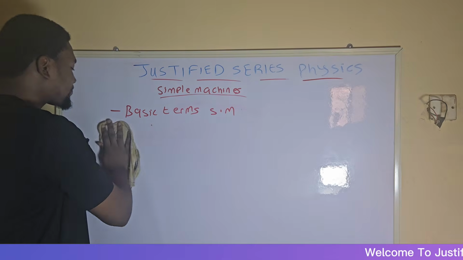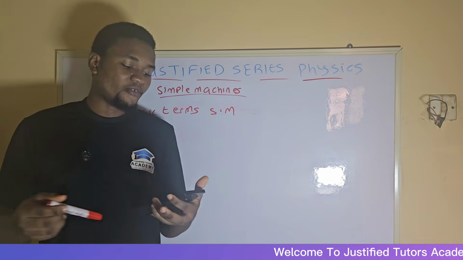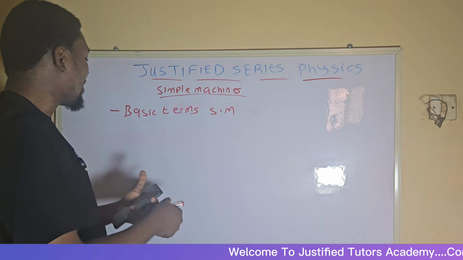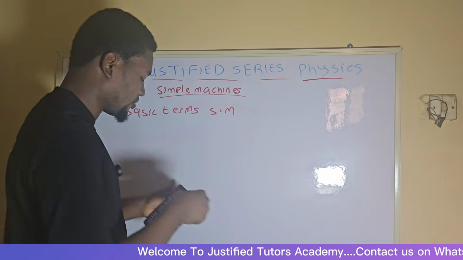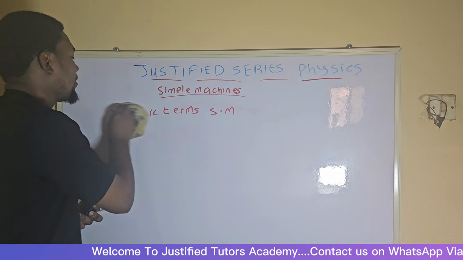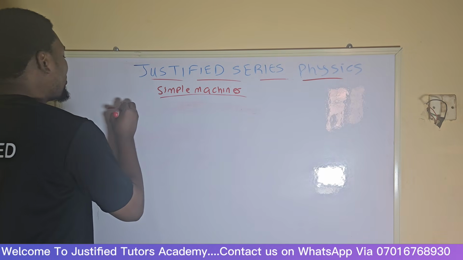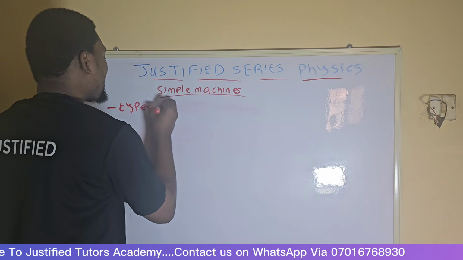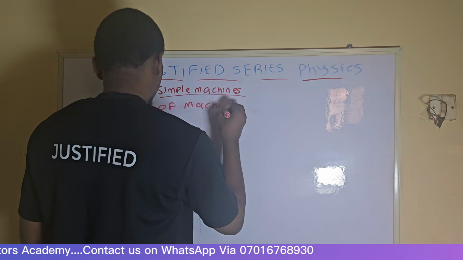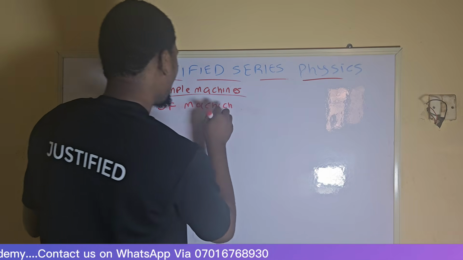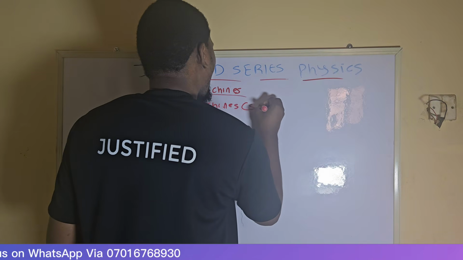All right, so now let's take some definitions again, because we're now moving towards types of machines. Let me clean this basic term and turn it to types of machine. So we're now dealing with types of machines, or we can say simple machines.